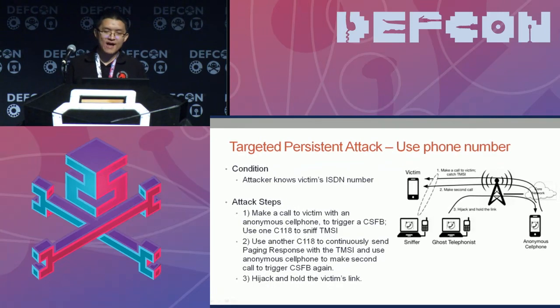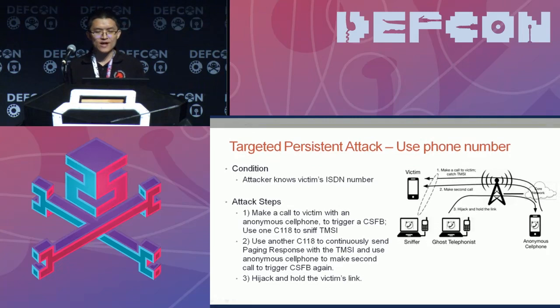Finally, when we have the victim's phone number, we can attack the victim in the following way. We need two C118s and one banner phone, as shown in this figure. Here are the steps. Firstly, we set up one C118 as a sniffer. Then we use the banner phone to call the victim and trigger a regular CS fallback procedure.